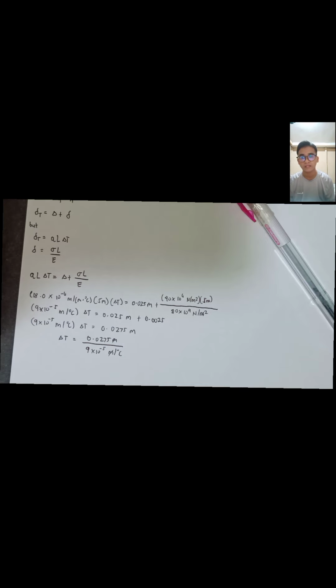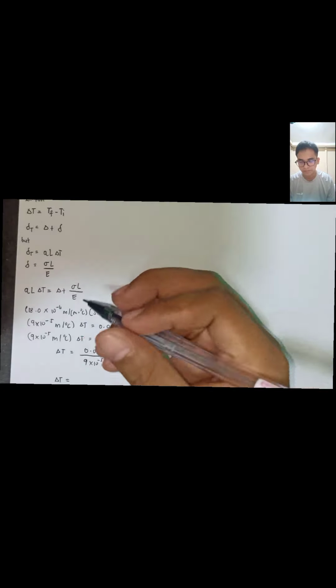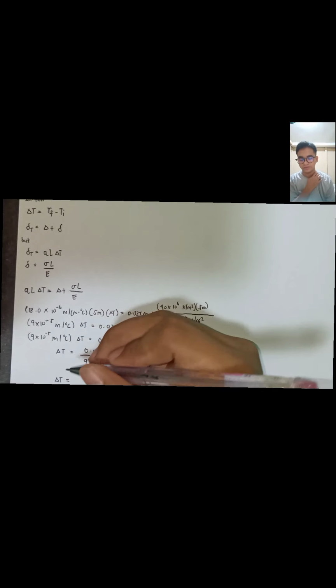Since temperature yung hinahanap natin, kailangan yung unit is naka degree Celsius or Fahrenheit. Since degree Celsius yung dito, ito yung gagamitin natin. Solve muna tayo. So, yung change in temperature natin is equals to 305.56 degree Celsius.